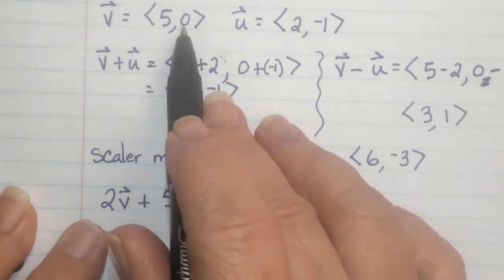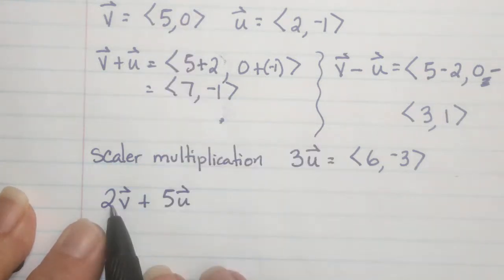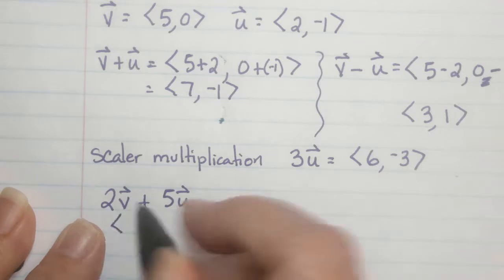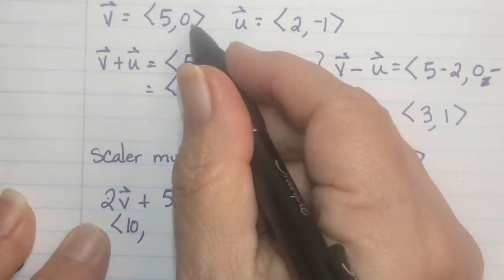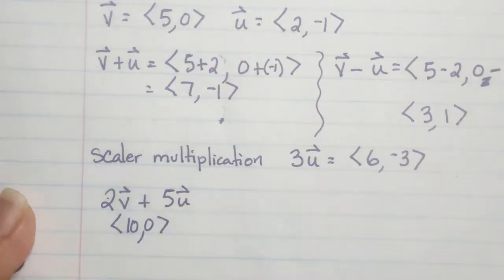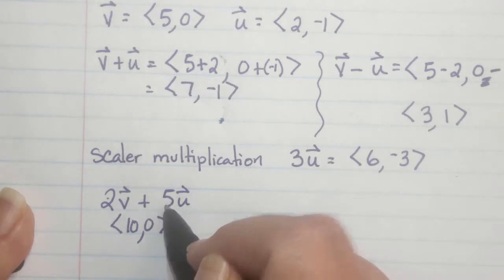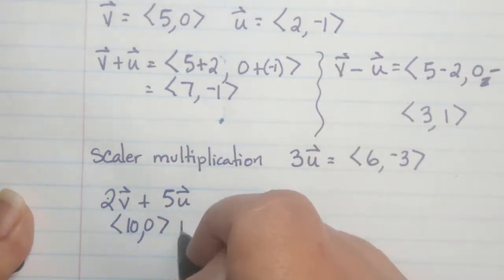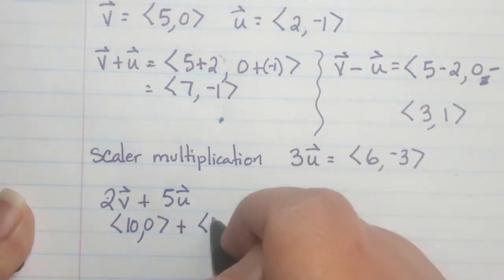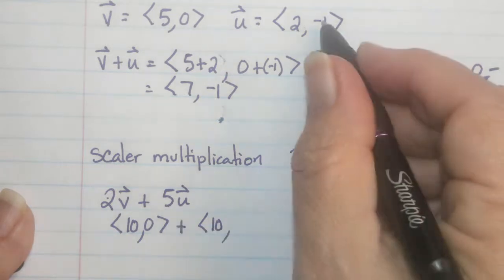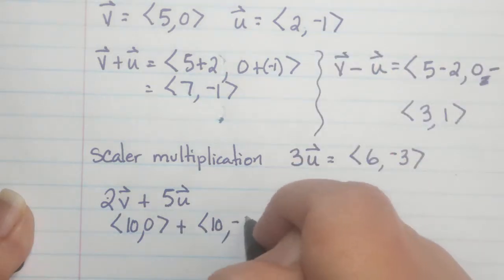So if I take vector v and multiply it by 2, I get 2 times 5 is 10, and 2 times 0 is 0. And then I'm going to take 5 and multiply it by vector u. So 5 times 2 is 10, and 5 times negative 1 is negative 5.